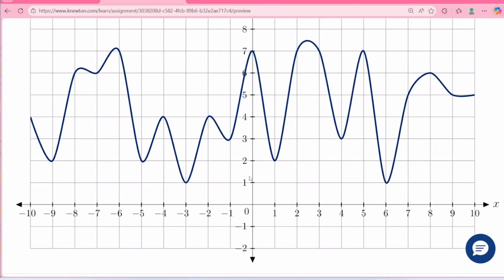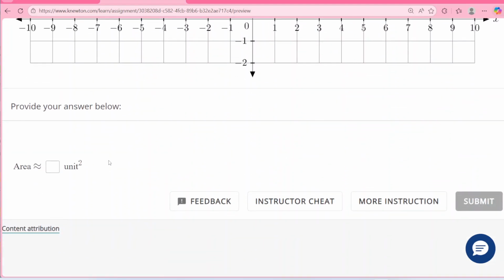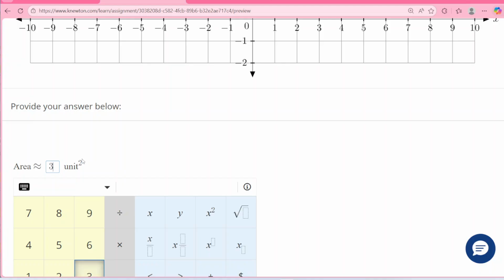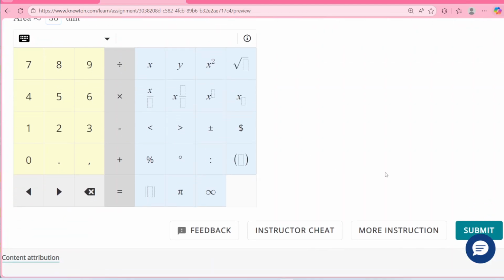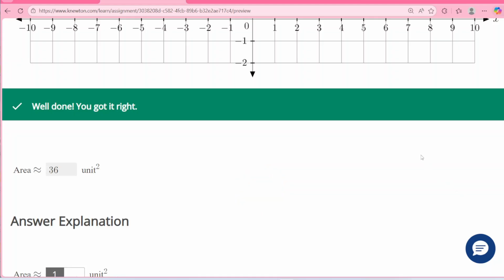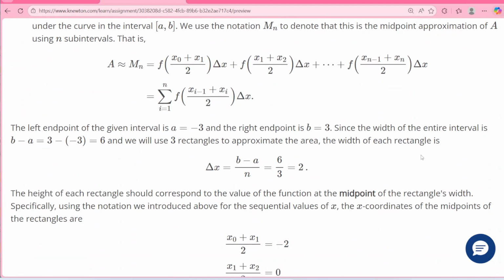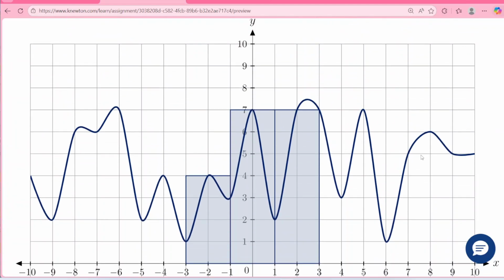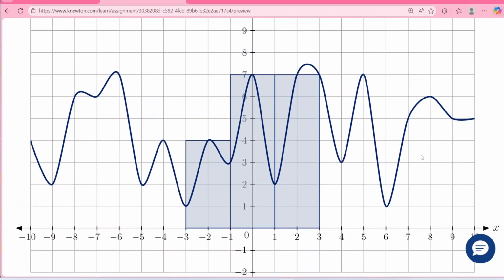So again, that's not the exact area over the interval from -3 to 3 under this curve, but it's a nice approximation. All right, so 36. And there's the picture that I was going to try to draw, but I didn't feel like putting the curve in. It's like eyeball things.